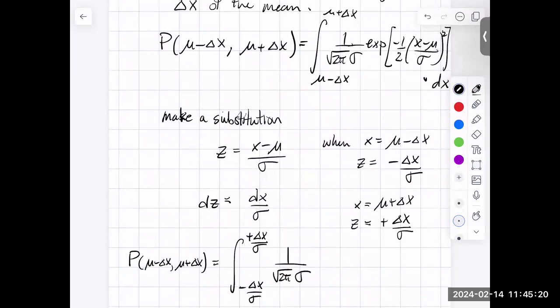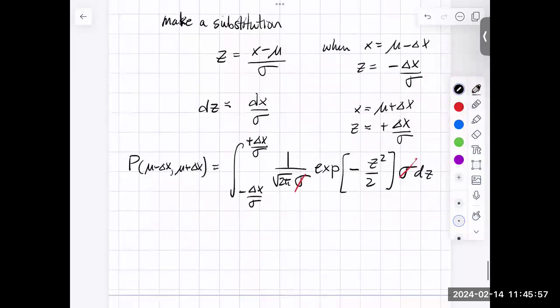But now we're going to have the exponential of minus, x minus mu over sigma is all z. That's our substitution. So we end up with a z squared. We still have the 1/2, so we'll put a z squared over 2. And then the dx is going to be sigma times dz. So we would have sigma dz. Okay, and then we could cancel a factor of sigma.